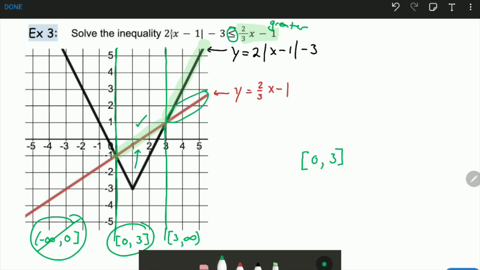We want the red one here to be higher than the black one, because we need the red one, the linear piece, to be greater than. And it is not, so this is not a solution as well. So the only solution we have is from 0 to 3 inclusively, or 0 less than or equal to x less than or equal to 3. Just as a different way of writing it.